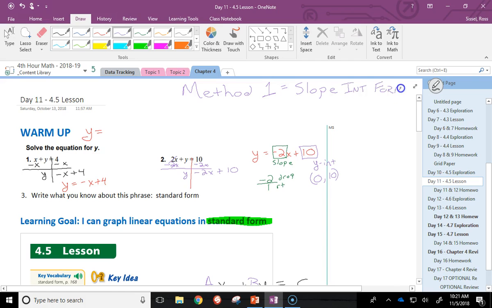We write in slope intercept form, and then we know our y-intercept and our slope. Method 2, we're going to say intercepts. And let's show you what I mean by that.